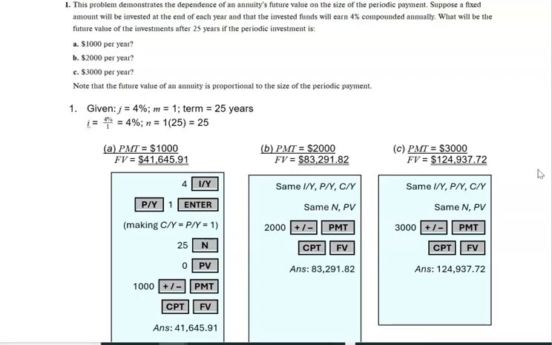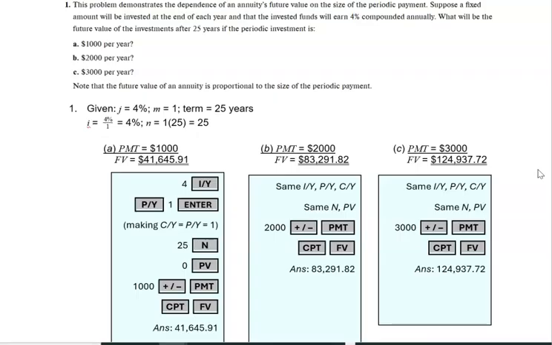We know that N, because it's once a year for 25 years, equals 25. We know we're starting with 0, so present value is 0. And we know that the payment is 1,000. So we need to put in 1,000, plus or minus, and then put in the payment.